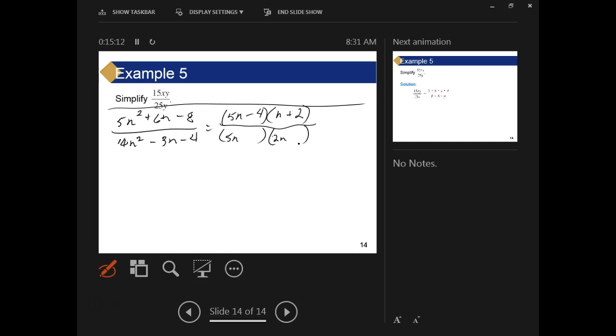What next? Where would you look? Sign of the last term. Negative. What does it tell you about these two? Negative and positive. I would say try it in that order. Okay?